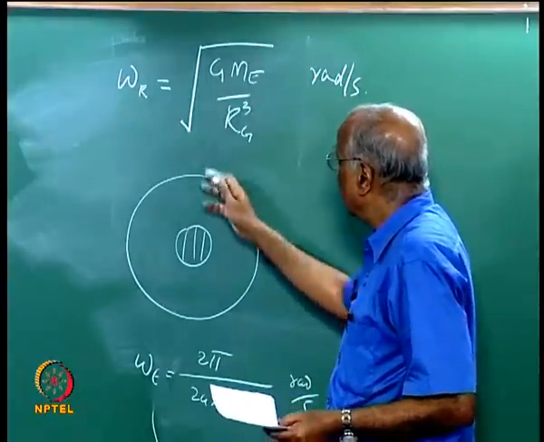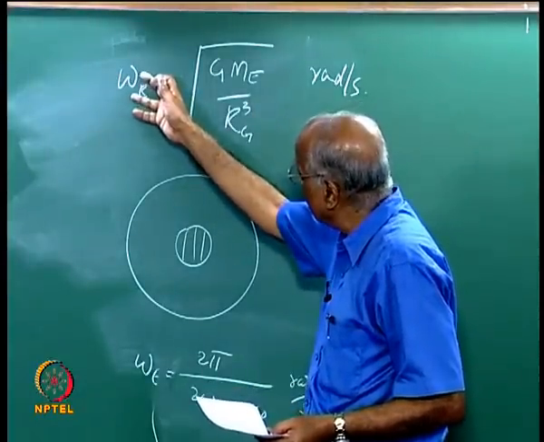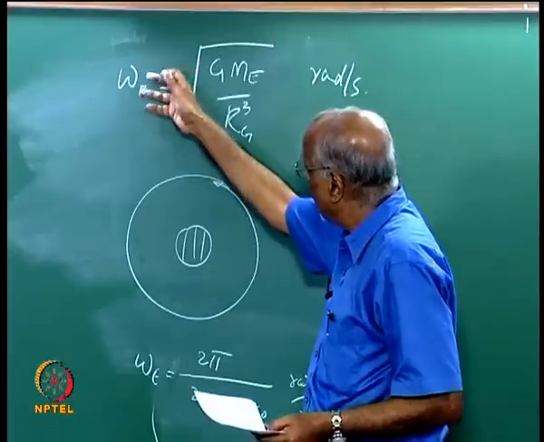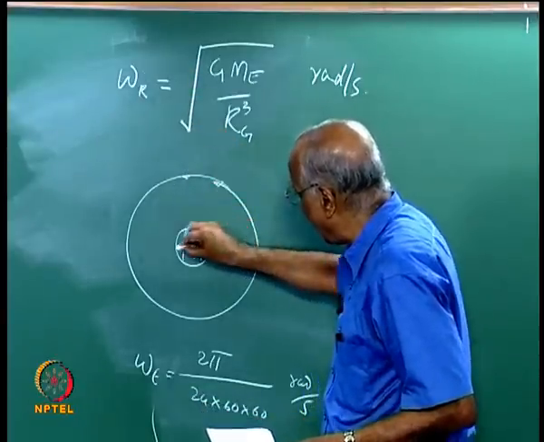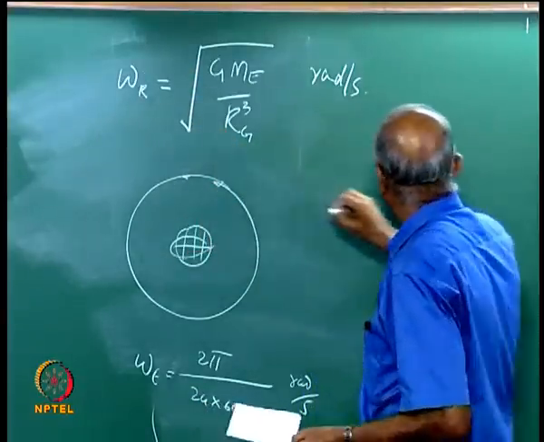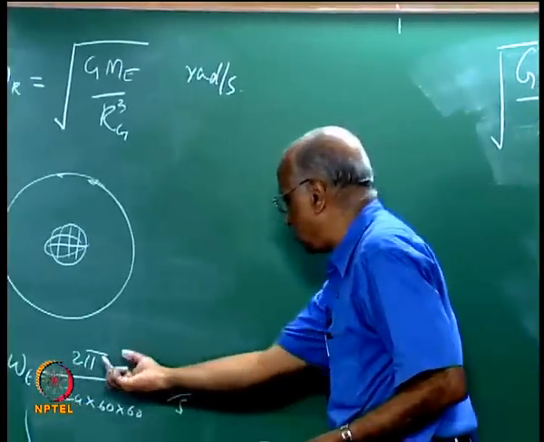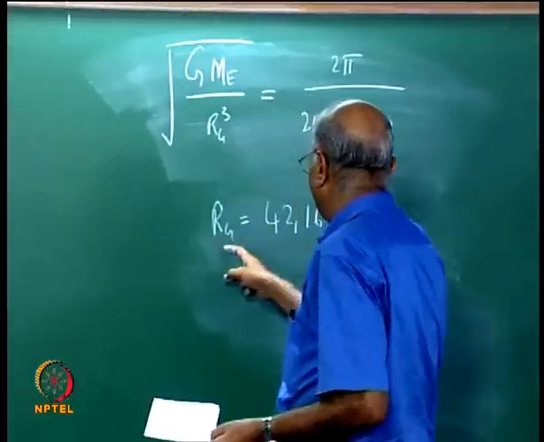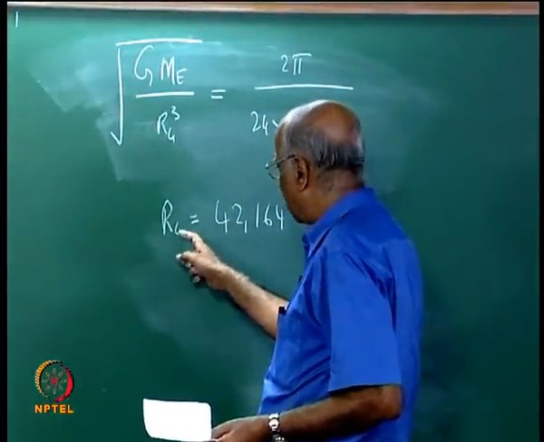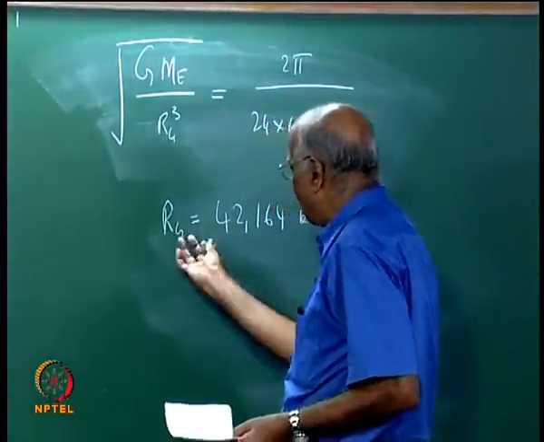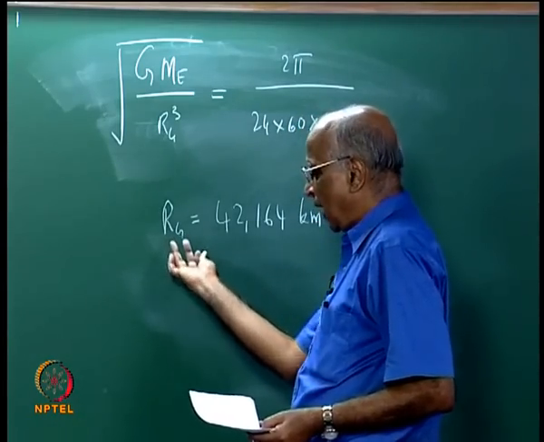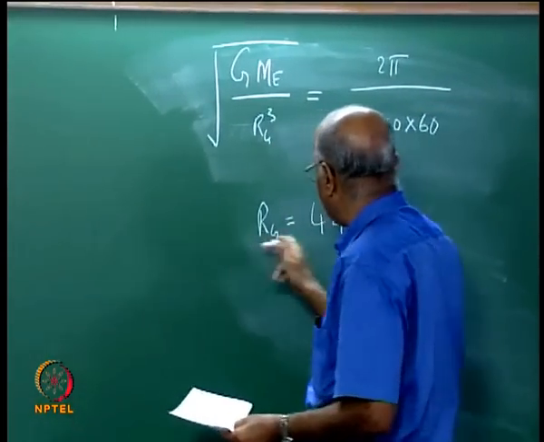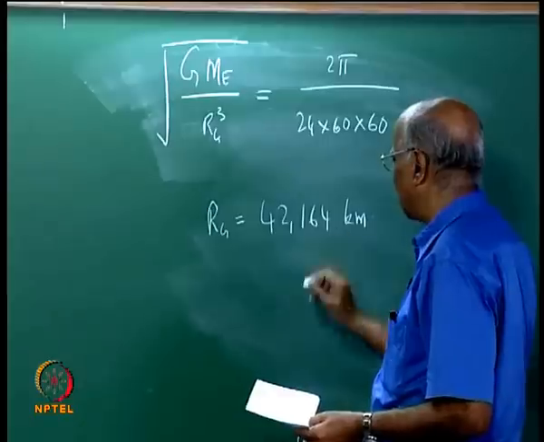And therefore, we got the angular rotation of the orbit as this much, and the angular rotation of the earth goes through 360 degrees or 2 pi radians in the same time, and therefore we get the distance at which the period of rotation of the object and the period of rotation of the earth are the same, equal to 42,164.